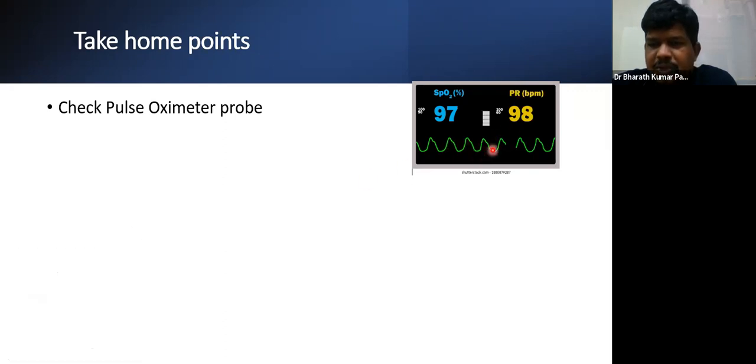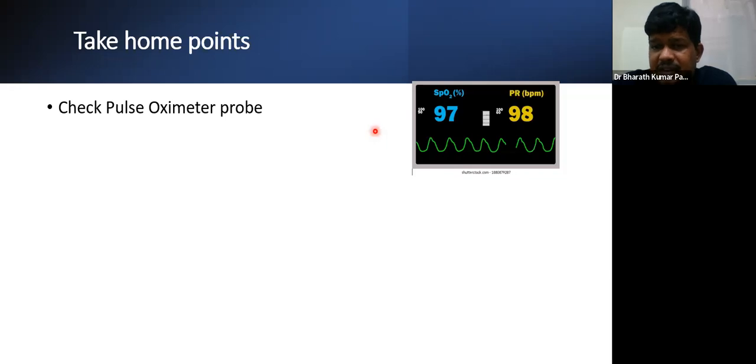Whenever there are extraneous disturbances, like coming from the light source, or the patient is having nail polish, or the patient is moving his or her finger while the pulse oximeter recording is going on, causing any distortion in the waveform, then this figure will not be taken as correct. So whenever the waveform is regular, then only we take this figure as correct.